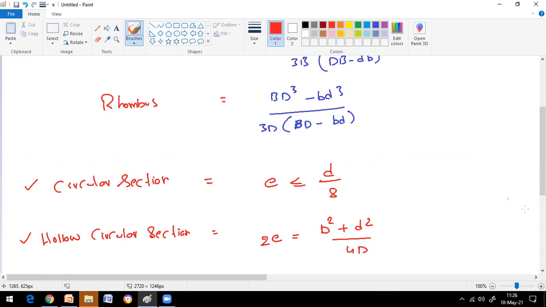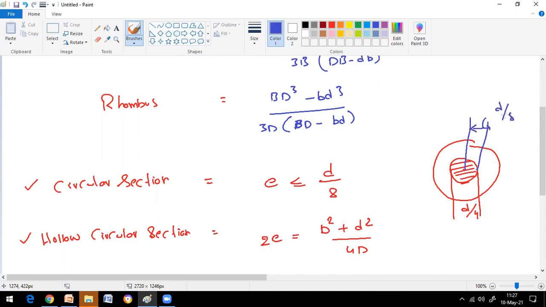Please try to remember. For a circular section, the eccentricity should not go beyond this limit. So this distance is d by 4, and the eccentric distance should not go beyond d by 8. If it does not cross this limit, then your column will have no tension.